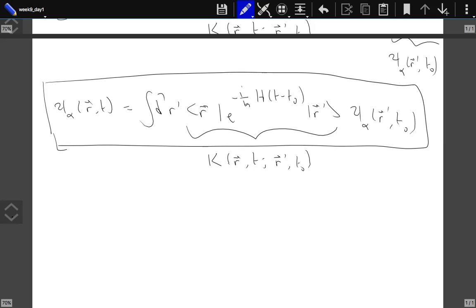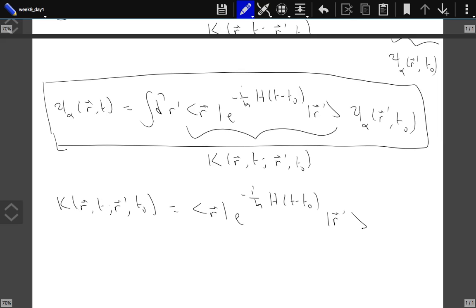Now we can find various expressions of this. K(r, t; r prime, t0), which we define in our bra-ket notation as the bra r, e to the power minus i over h bar, H (t minus t0), r prime.